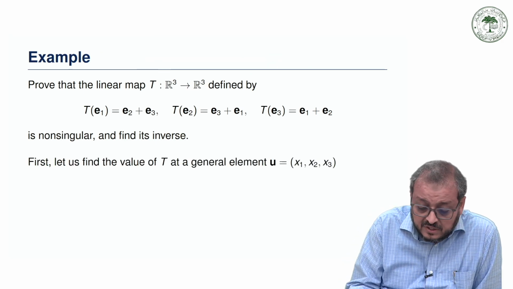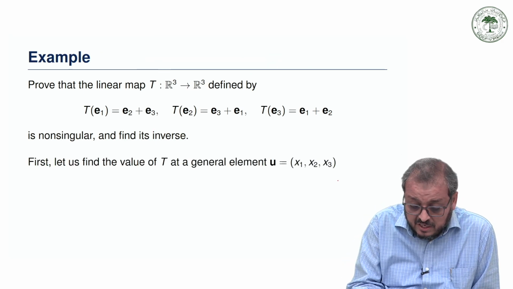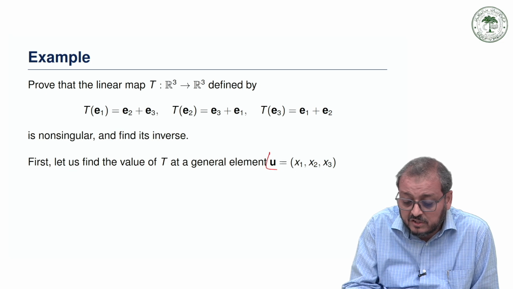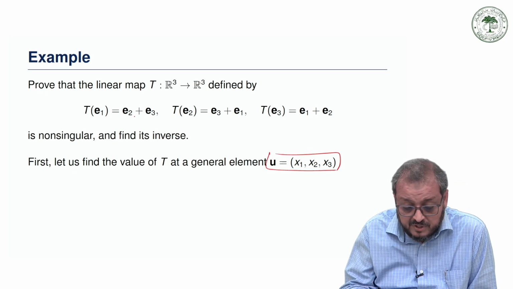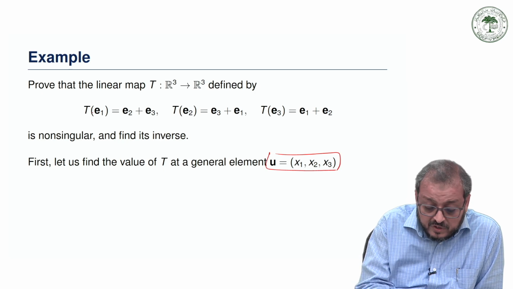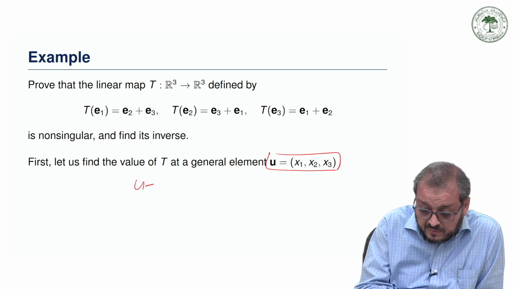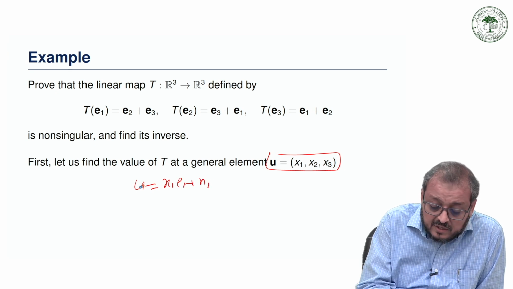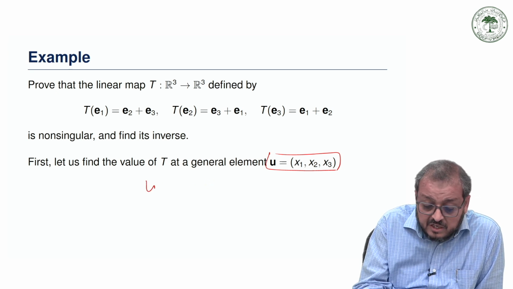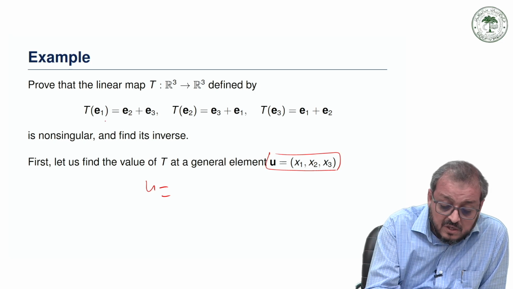So we take the general element u of x1, x2, x3, and this u can be written as a finite linear combination of the elements of the basis.